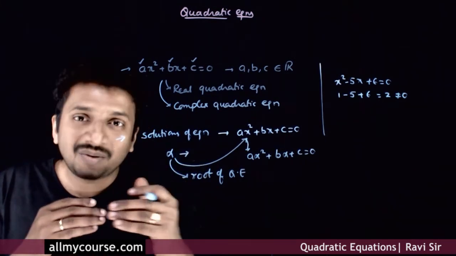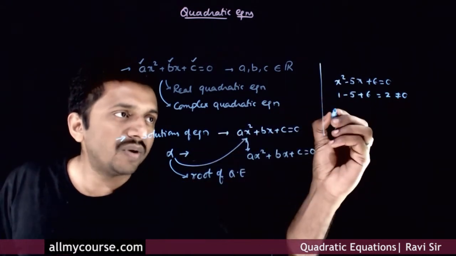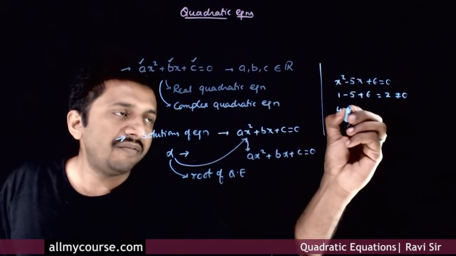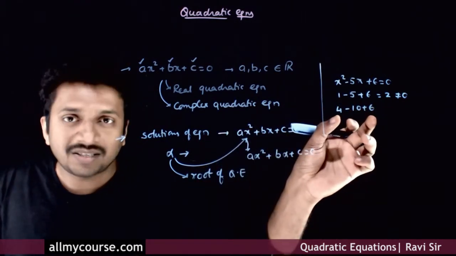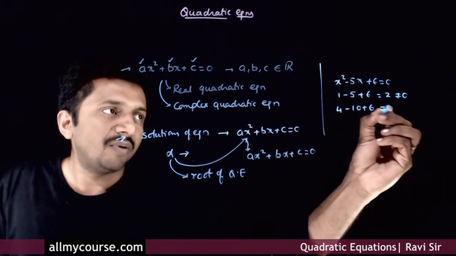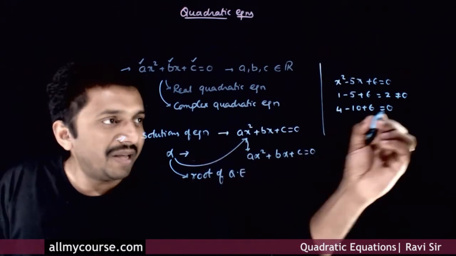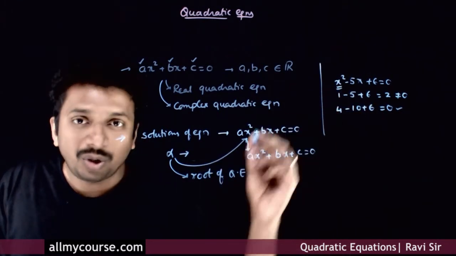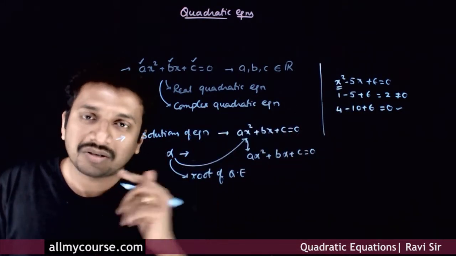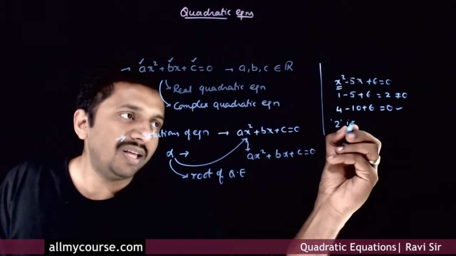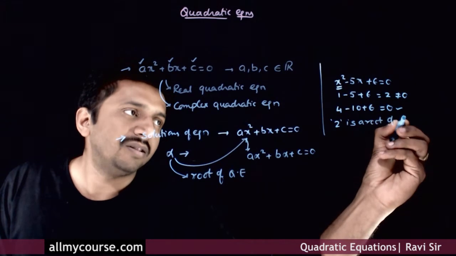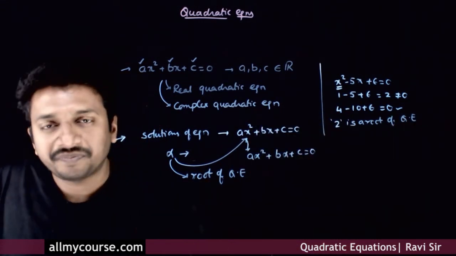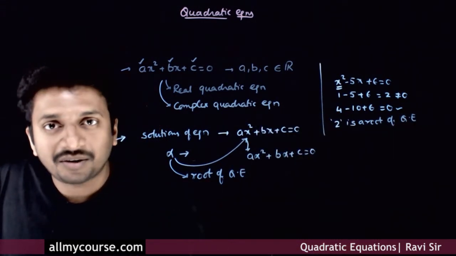So let us put x = 2. 2² is 4, minus 5 into 2 is 10, plus 6. So 4 + 6 is 10, minus 10 is equal to 0. That means x = 2 is satisfying this equation. Hence 2 is a root of this quadratic equation. So are there any other roots?